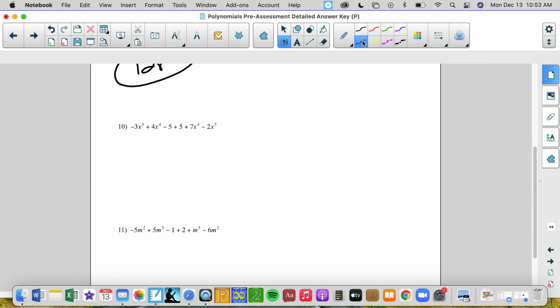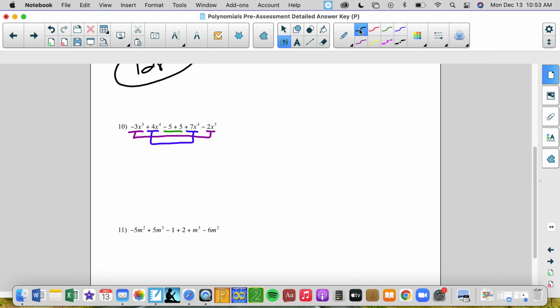Number 10, you've got x to the third, x to the third, you've got x to the fourth, x to the fourth, you've got constant and constant.